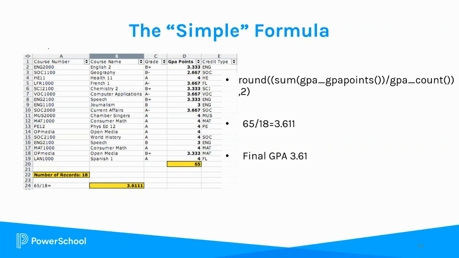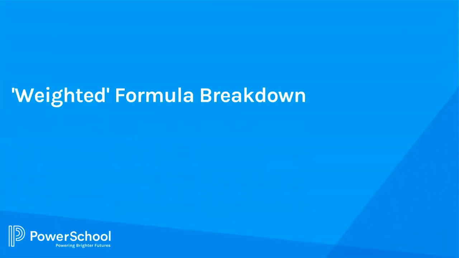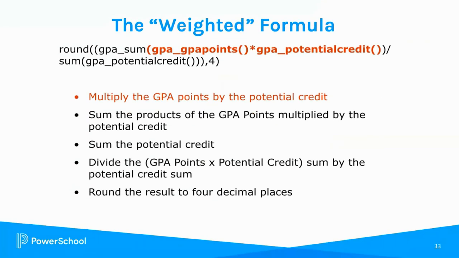Now we're going to use these exact same grades when we look at it through a weighted formula, again, using the language we have here. So this time it's going to multiply the GPA points by the potential credit. So in my example where I had the 4 A's and a B, let's say one of my A's has 1 potential credit, the other 3 have the 0.5.